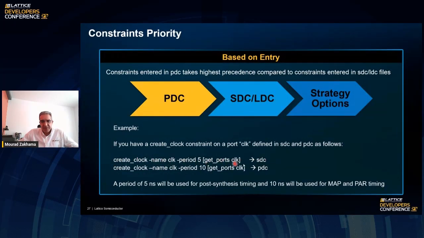The SDC will be used only for synthesis, whereas the PDC will be used for the implementation. So that will be the one that dominates on the implementation side, or the place and route side. You may want to do this because you're trying to have the synthesis tool do harder work and relax things for the place and route.